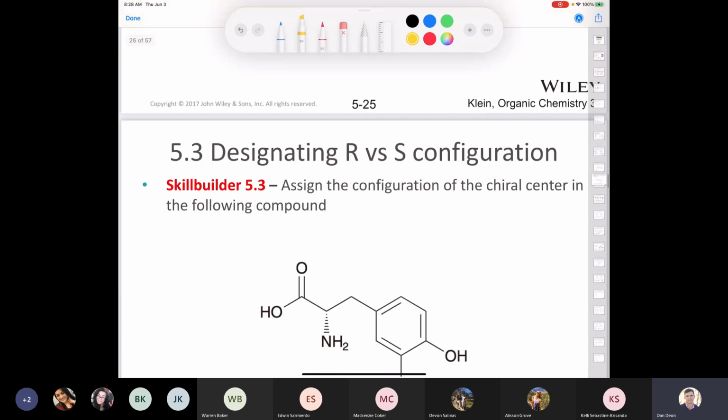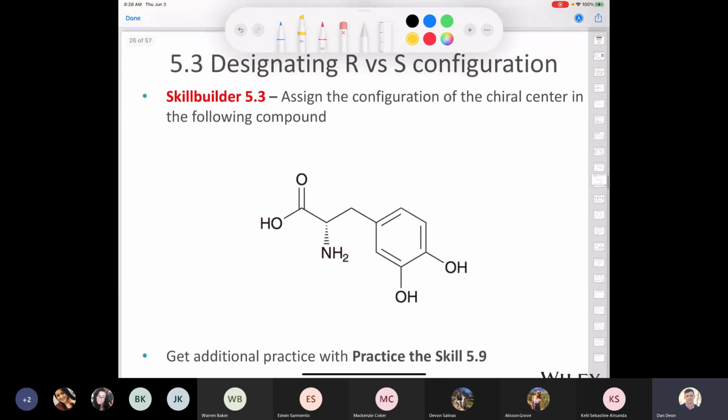Let's take a look at a problem here. This comes from the book. I don't know if anybody recognizes this molecule. It's called L-Dopa, and probably some of you have heard of dopamine before. Could anybody assign, or I'll give you a few seconds to think about it, would this chiral center be R or S? Don't look at the answer.